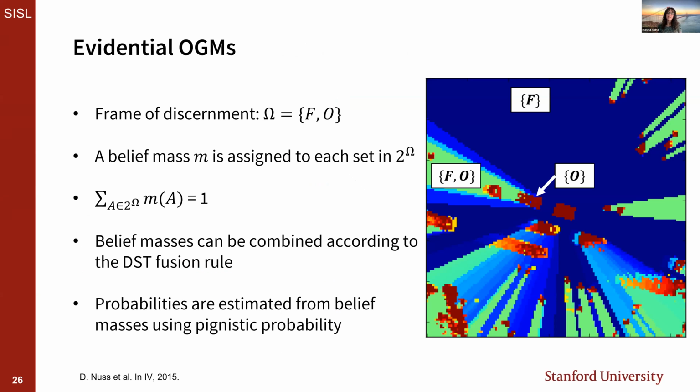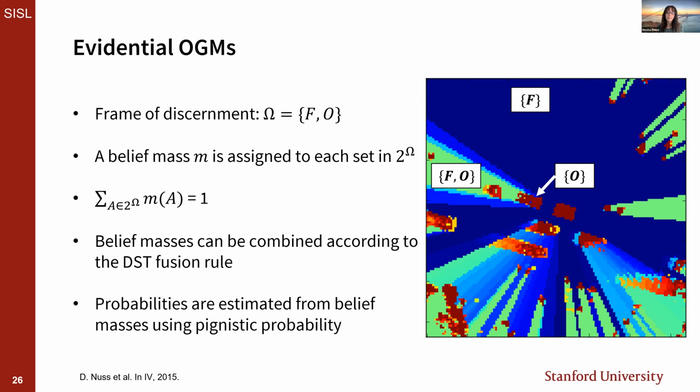Once we have segmented out the ground LiDAR points, we need to construct our OGM data. We employ Evidential Theory, which is also called Dempster-Shafer Theory, or DST, to update our OGMs. Evidential Theory considers a frame of discernment, which is the set of all possible hypotheses.